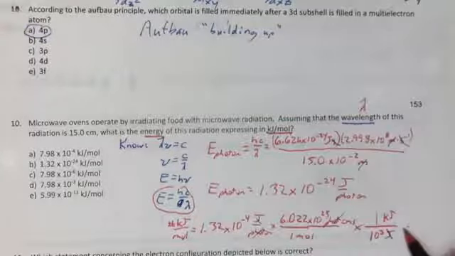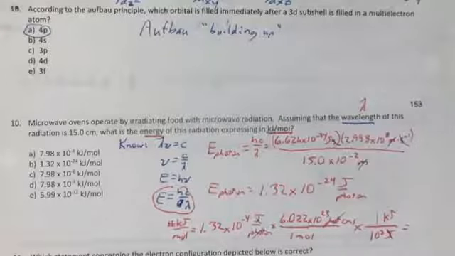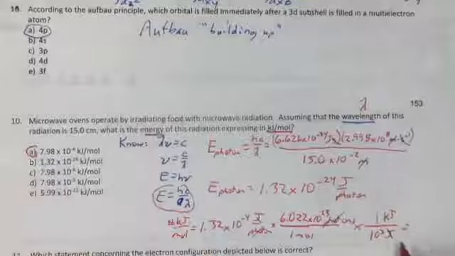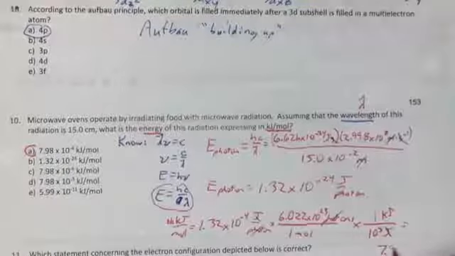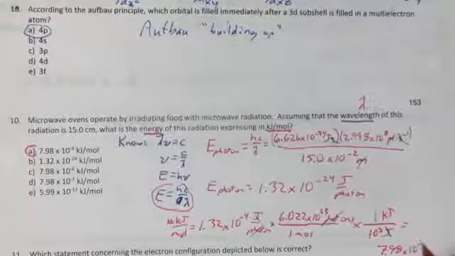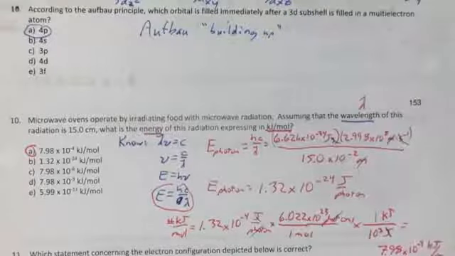And when we calculate that out, we get 7.98 times 10 to the negative 4 kilojoules per mole, which is choice A.